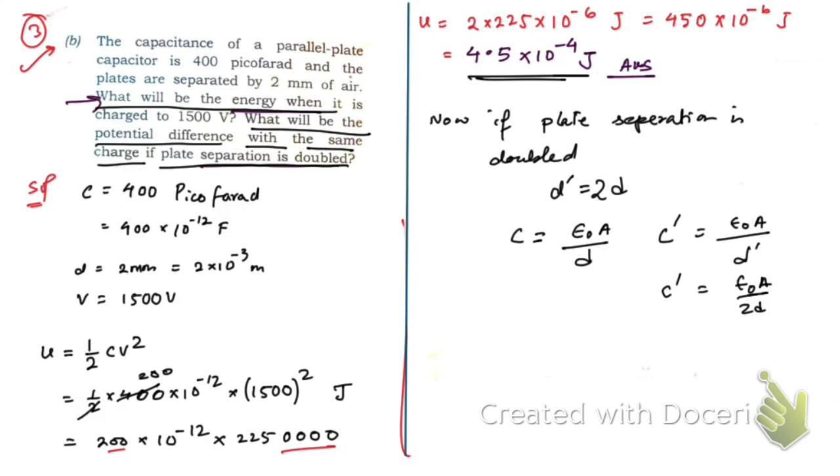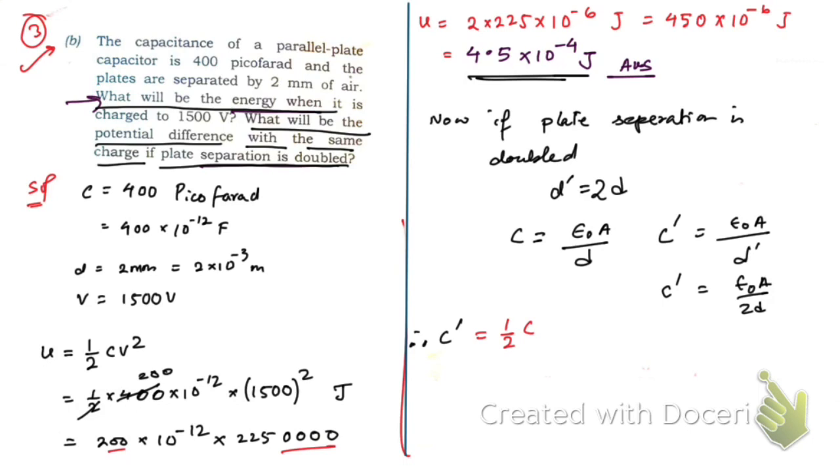And if that is the case, then therefore C dash is equal to, if you compare these two, this part is nothing but your C. So C dash will be equal to half of C. That's what we will get, right?